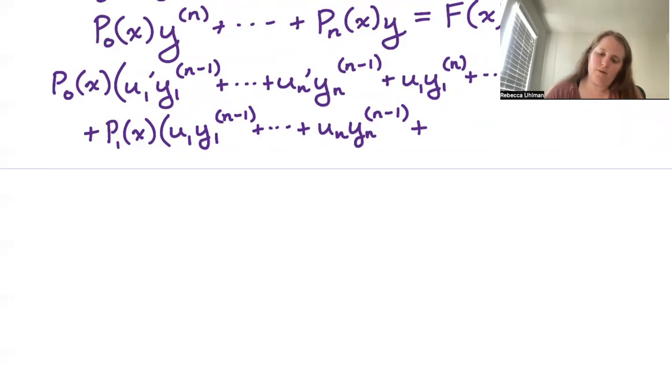So that was our p1 times, then we'll go all the way down to pn of x times u1 y1 plus all the way down to plus un yn. And this is all equal to f of x.